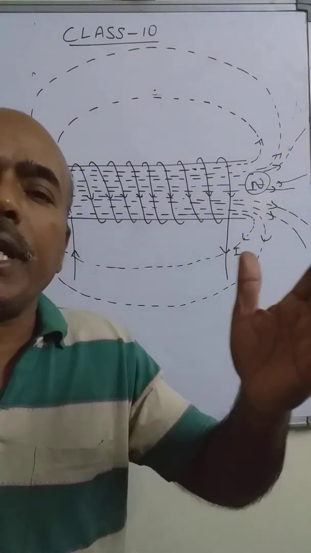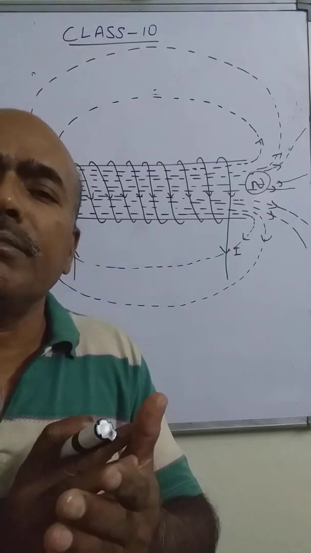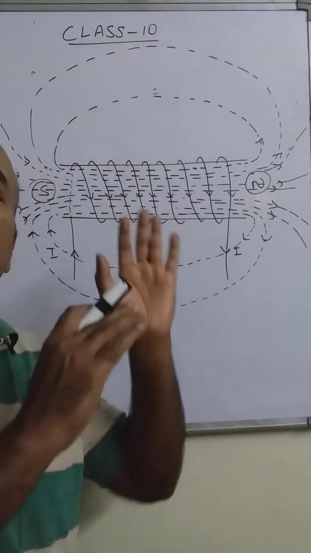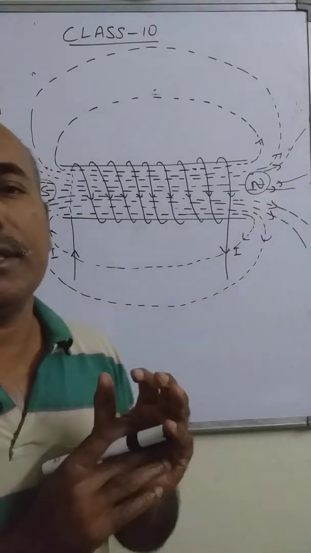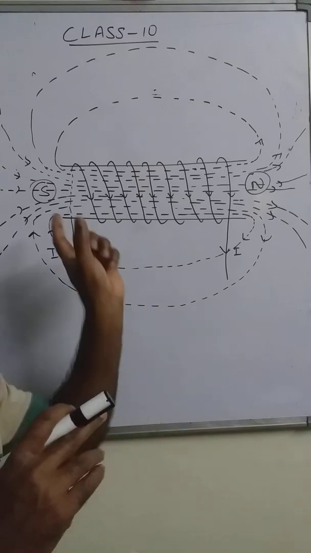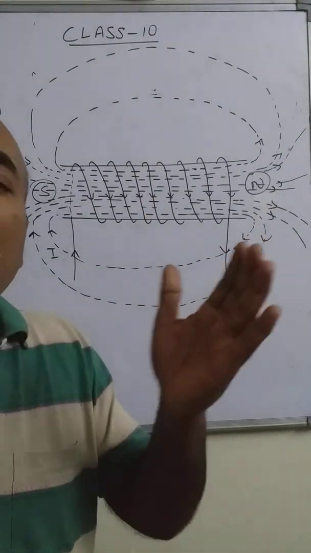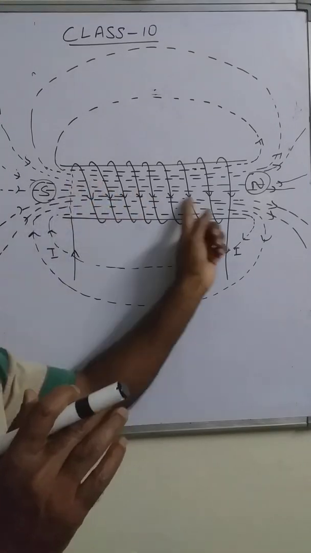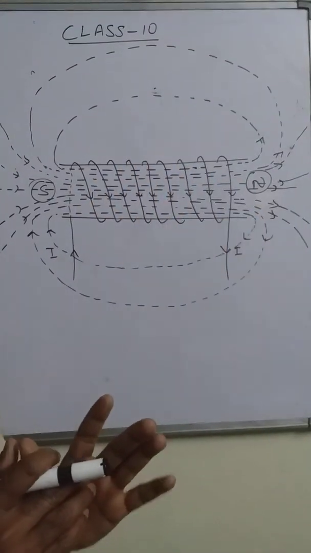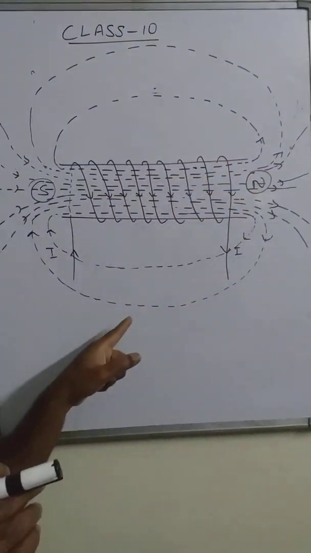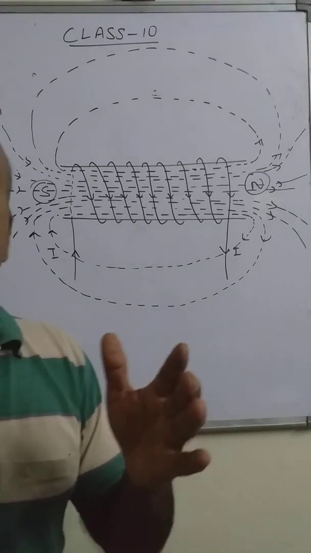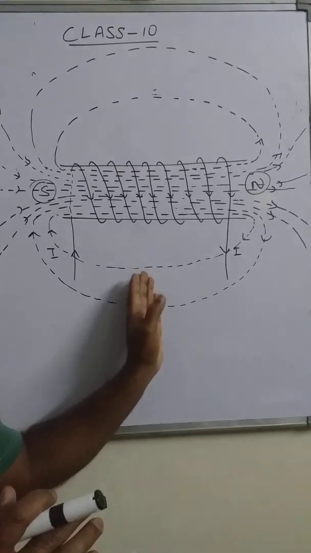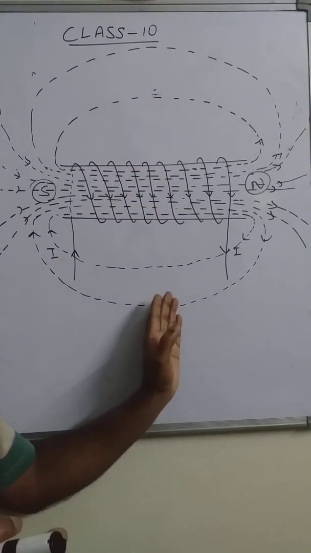If there is large space between the lines, then the field is weaker. Here also the same thing can be applied. Inside the solenoid, all the lines are very close, so the magnetic field is stronger. Outside the solenoid, the field lines are far away from each other, and we can say the magnetic field is weaker.